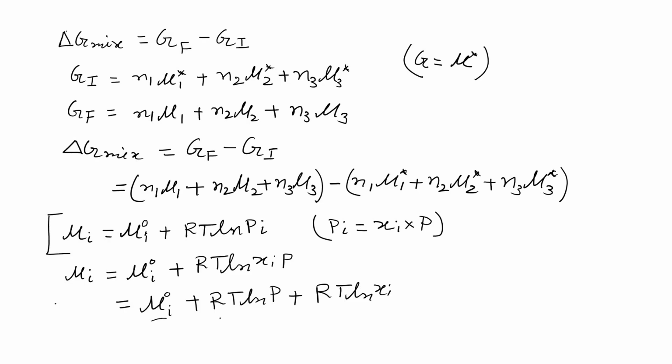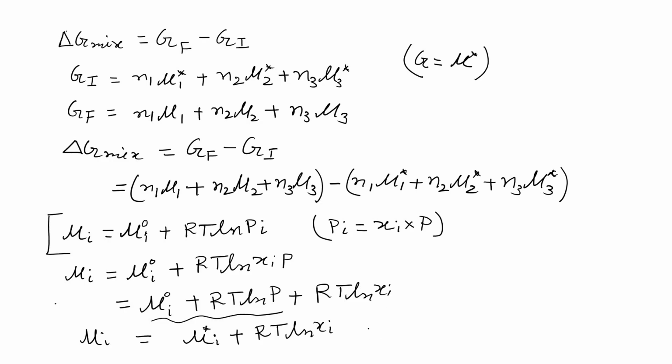Now here again, mu I is equal to mu I star, that is the chemical potential of the pure ith component, any pure component at that temperature and pressure, here it is P and T, plus RT ln xi.